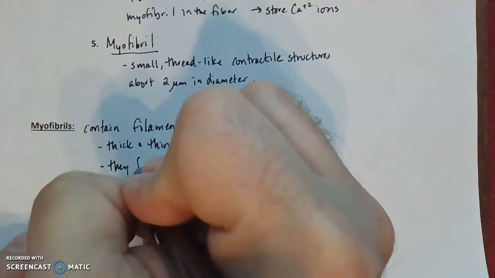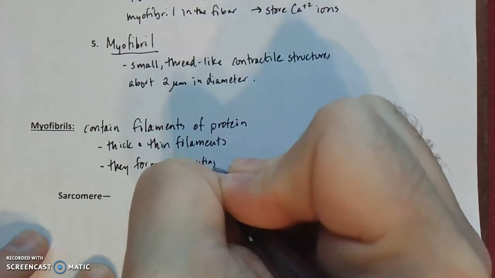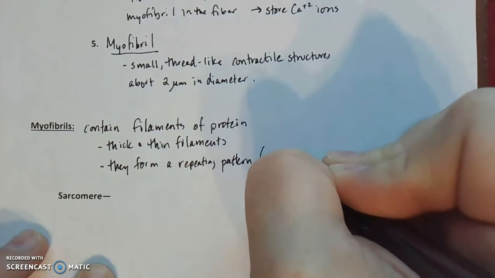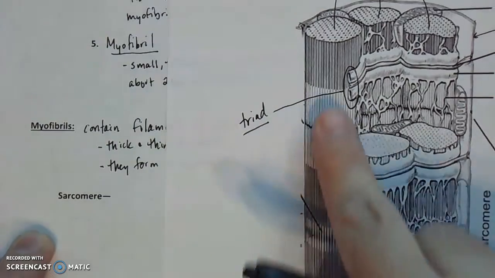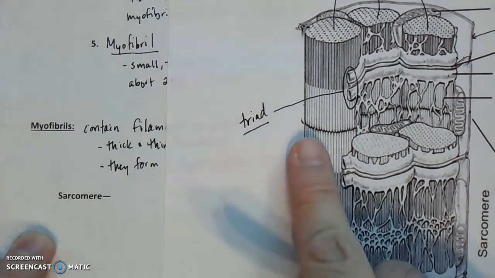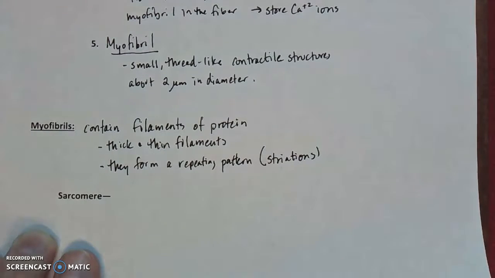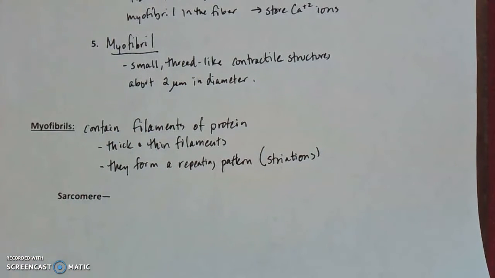They form a repeating pattern, which gives us our striations. Looking at the diagram, we can see these striations or stripes, and that is based on the arrangement of these filaments to one another.